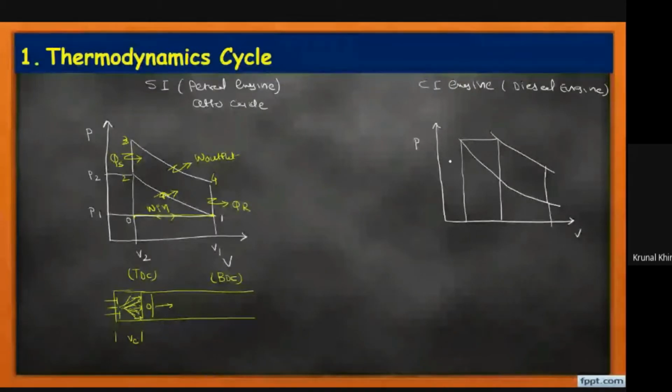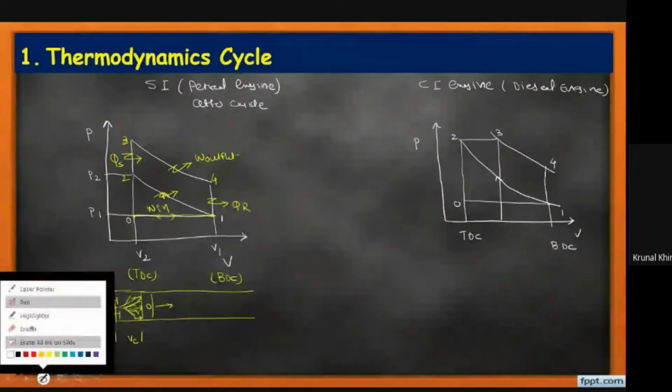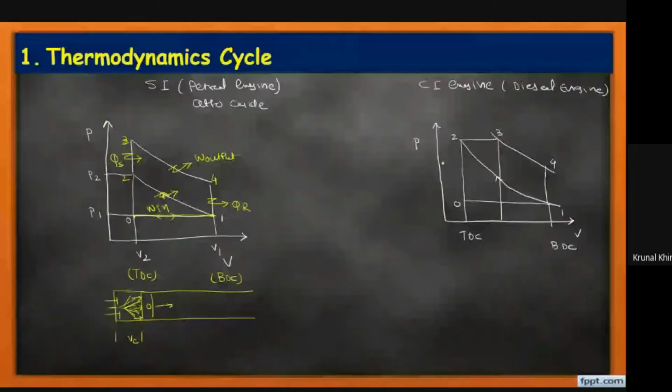Then again we have the top dead center. This is the bottom dead center. O to 1 there is a suction. 1 to 2, this is 2, this is 3, this is 4, and 4 to 1. And this volume we can treat as a clearance volume.